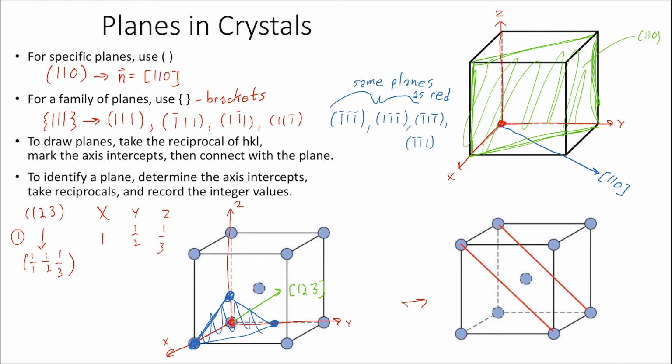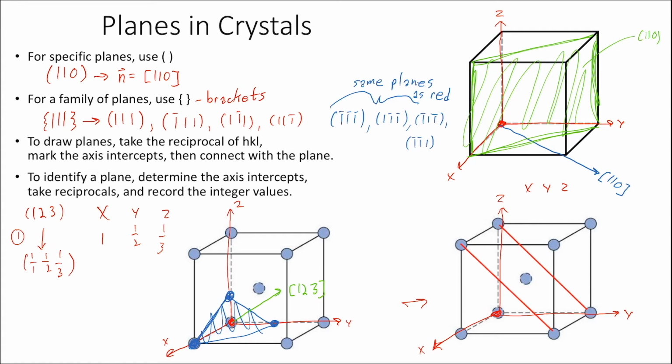Well, you can probably inspect it and see that it's a 1, 1, 0 type plane. But what we have to do is draw in the origin. I'm choosing the same origin as before, so x, y, and z. We're just going to work through the same steps as before, but in reverse. The first thing we do is record where the plane intercepts all the axes, for x, y, and z. For x, where does it intercept the x-axis?